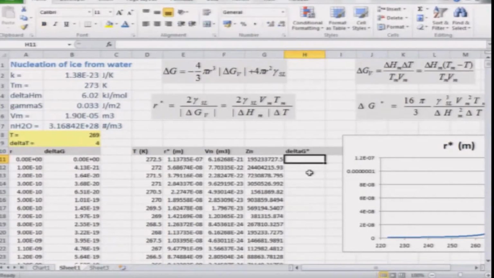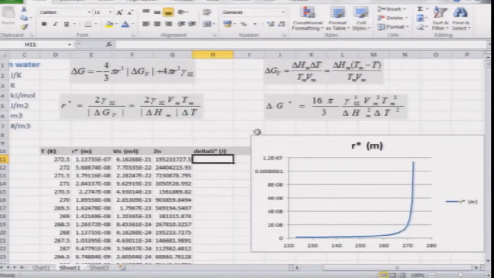And finally, let us also calculate the critical free energy, delta G star. Now, the units for this would also be joules. For this, we will use this expression here for delta G star. So, let me just quickly write this.